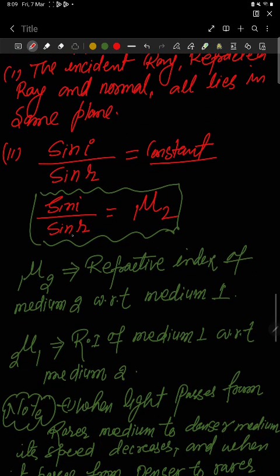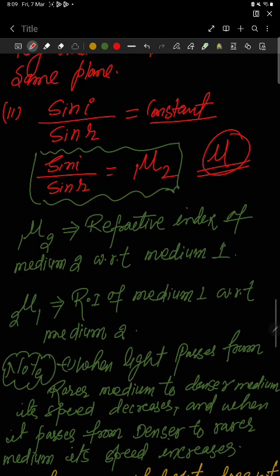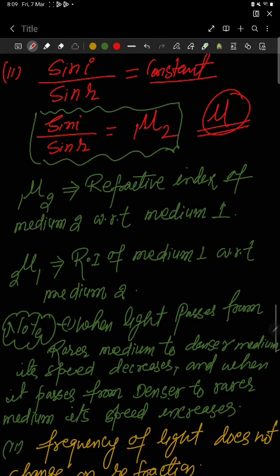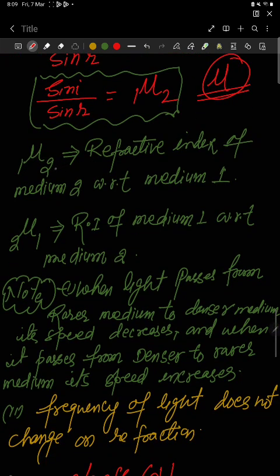So sine i by sine r is written as mu 1 2, or simply we can write mu. This is called mu, and this mu is called refractive index. Here I have written mu 1 2. So how is it read? See the number which is written last, here 2.